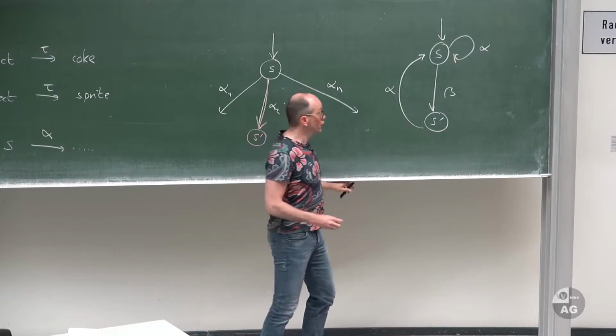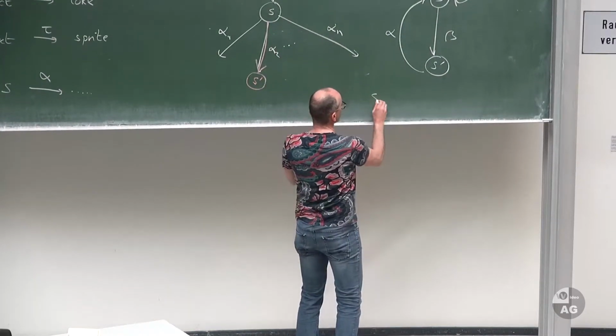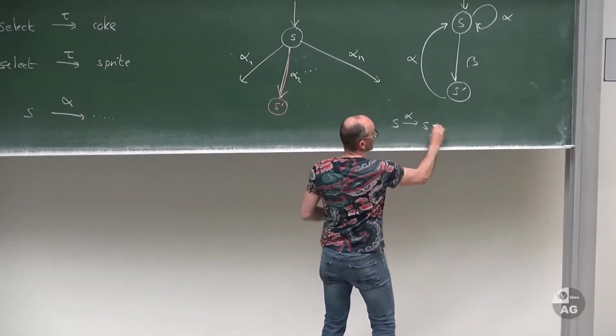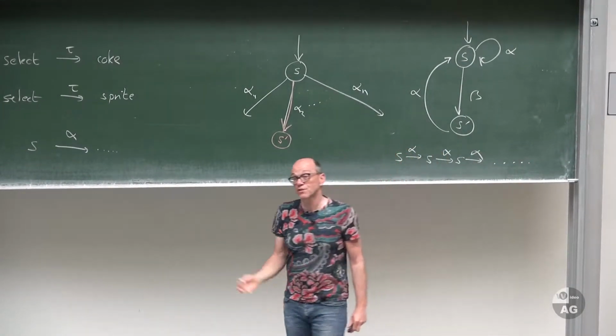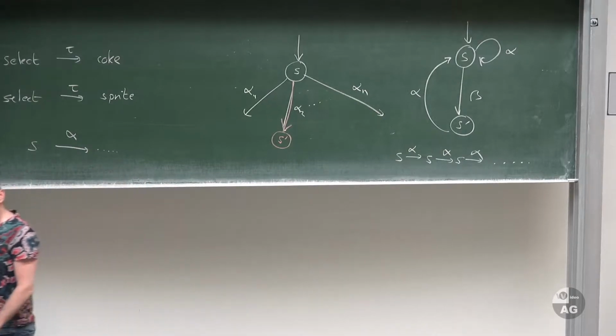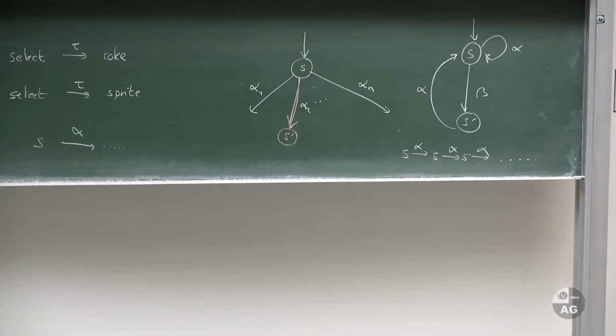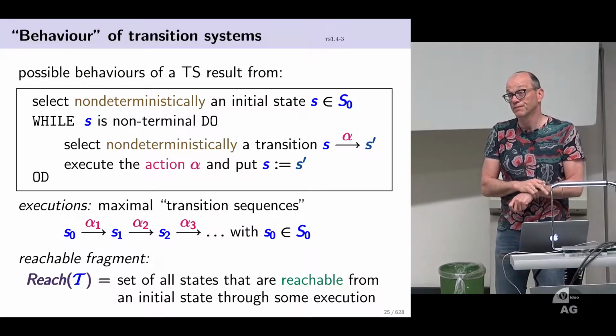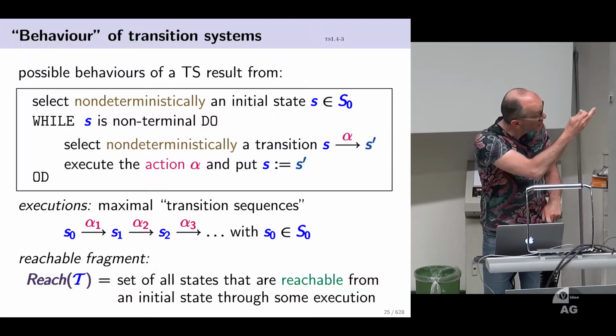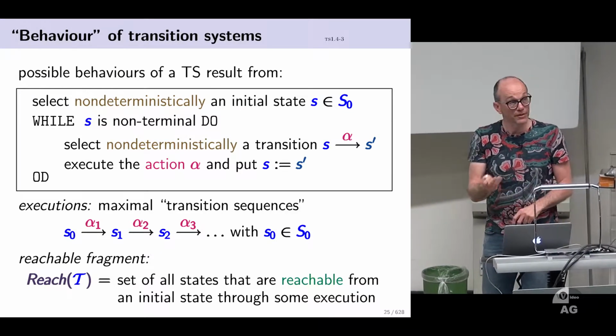Notice that a possible execution could also be something like this. We could start in S, we pick alpha, and we do alpha, and we always stay in S. This is also fine, a possible execution. The reachability is basically a quantification over all possible executions. And there is another execution, namely one that moves from S to S prime by doing beta.